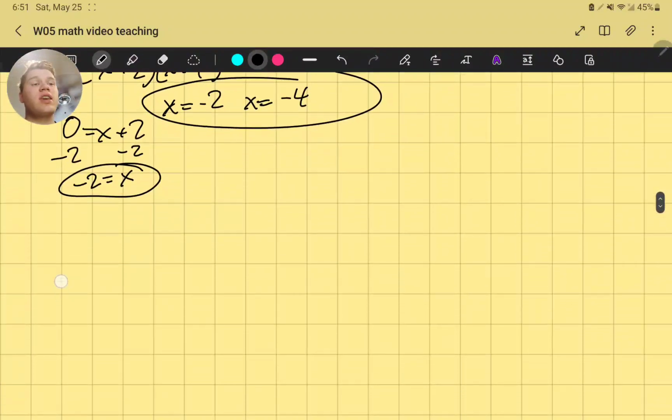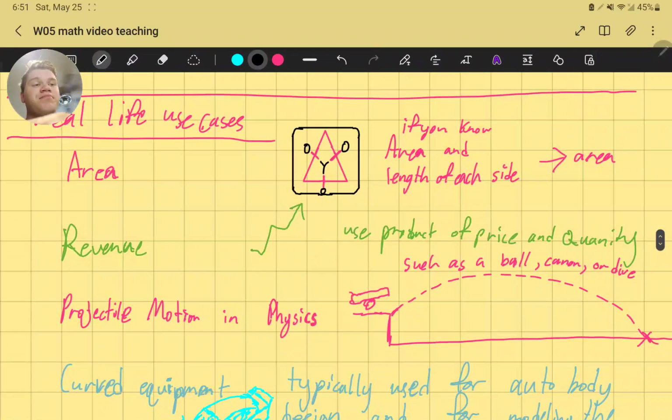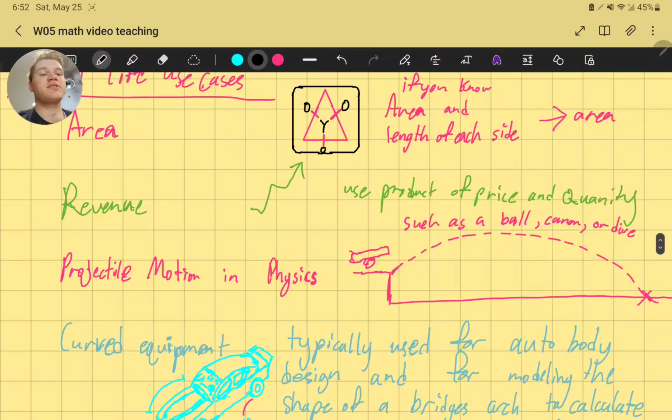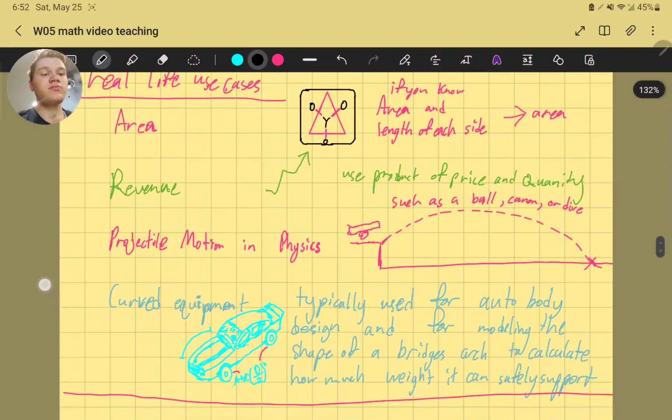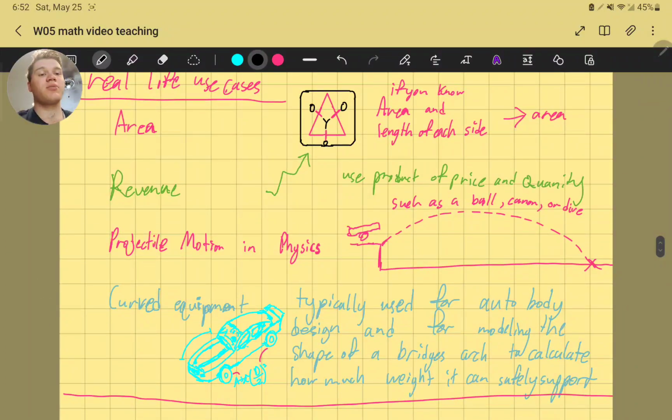Some of the real use cases of it would be to find the area of isosceles triangles. You can use it to predict revenue. You can use it to calculate projectile motion in physics by creating arches.